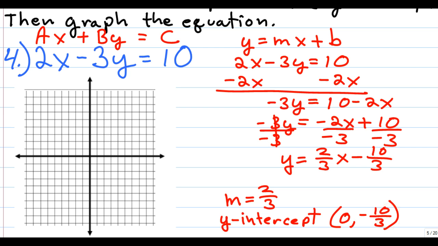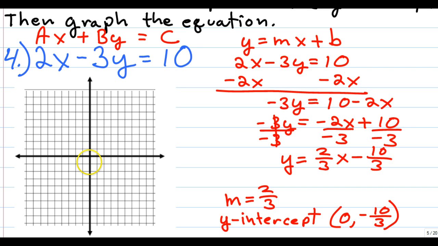Now we're ready to come in and graph our point. So starting at the 0, we're neither going to move left or right because it's 0, but we are going to move down. This is a negative 10/3, which would also be the same as a negative 3 1/3.